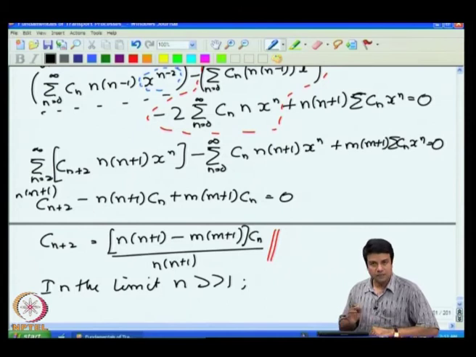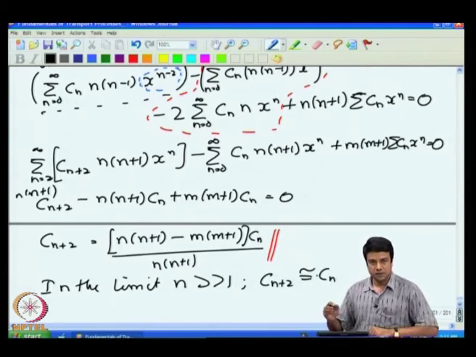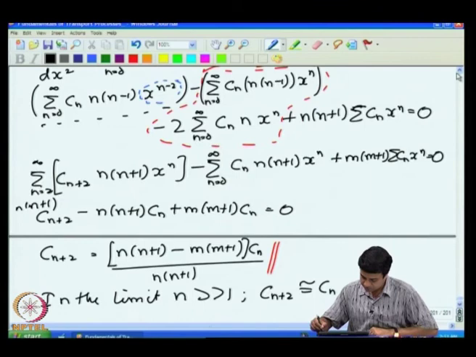In the limit as n becomes large compared to 1, what is going to happen is that Cn plus 2 is going to be approximately equal to Cn, because n is going to infinity, m is finite. So, the higher coefficients all approximate to a constant value in the limit as n goes to infinity. So, I have a series solution.